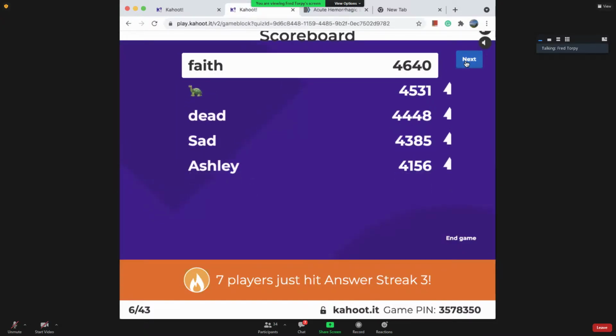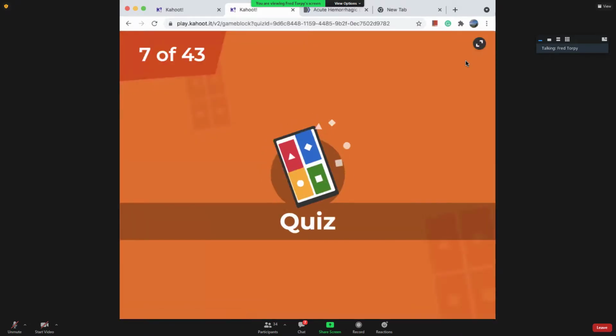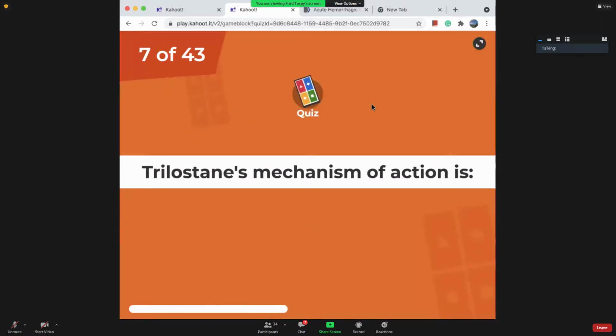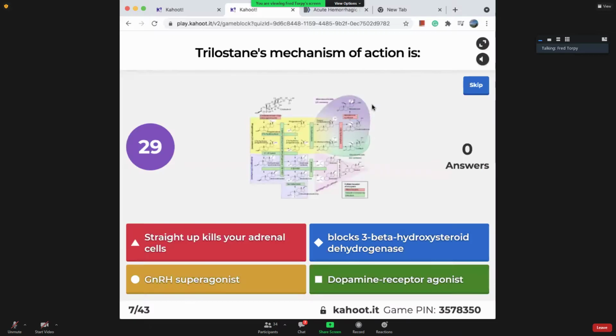Faith, good on you. Turtle, nice. Okay, just mechanism of action. You just got to chug these. I gave you a little bit of a graphic as a hint.